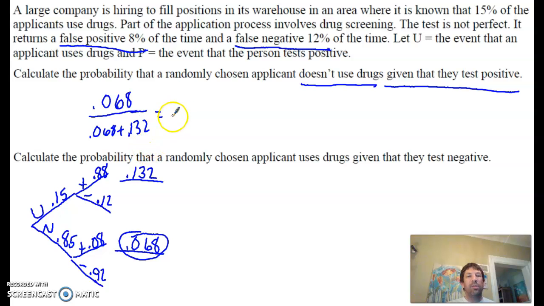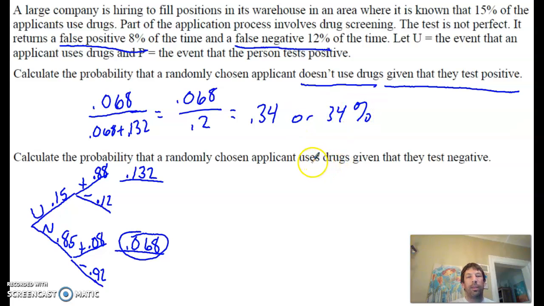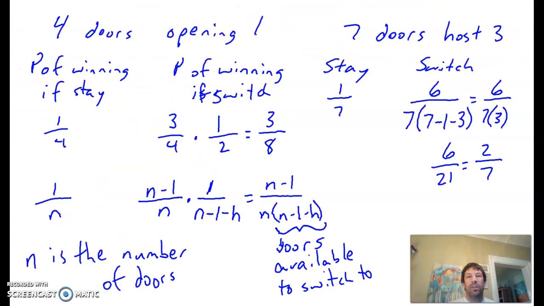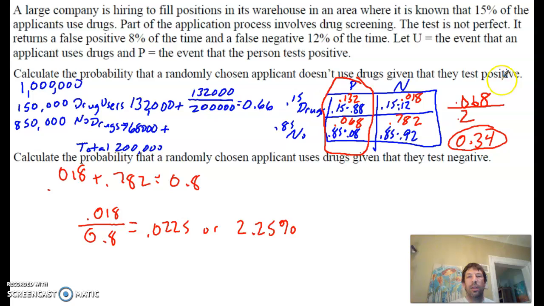Okay, so that's 0.068 divided by 0.2, which comes out to be 0.34, or 34%. Okay, and let's just go back a few slides, and we can see that that's what we got for our answer when we did this using the area model.